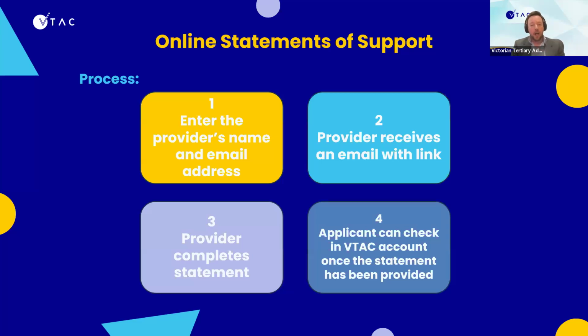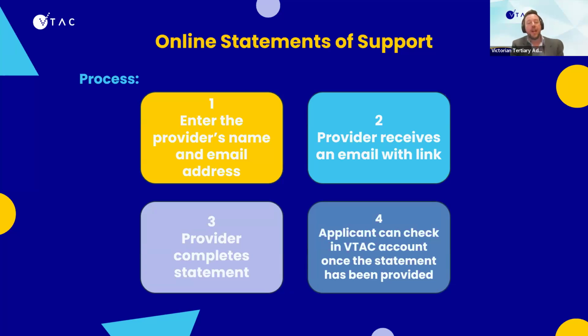Here you'll have the option of uploading a PDF or scan or generating an online statement of support request. To generate an online statement of support, select the option, enter the health practitioner's or responsible adult's email address and send. They will receive an email with a link, which they can use to enter our system and input their statement directly.